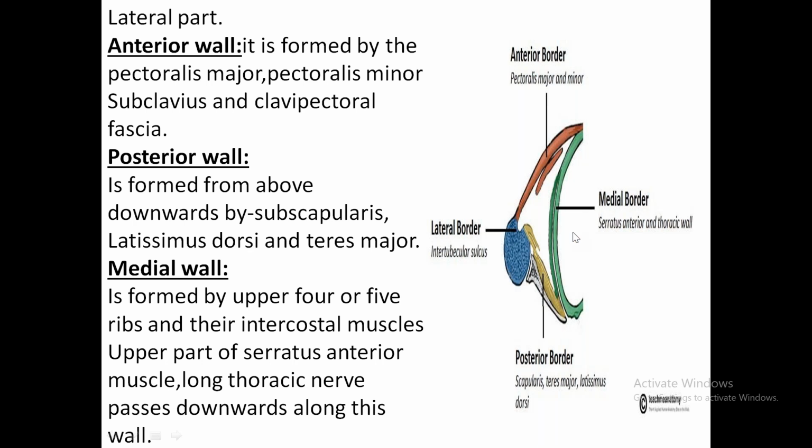Medial wall: it is formed by the upper 4 or 5 ribs and their intercostal muscles, and the upper part of serratus anterior muscle. The long thoracic nerve passes downwards along this wall.